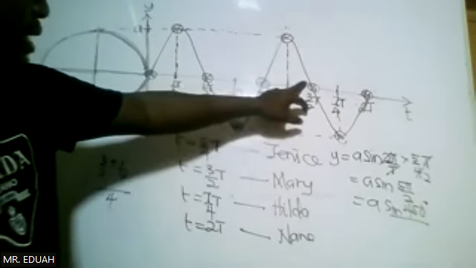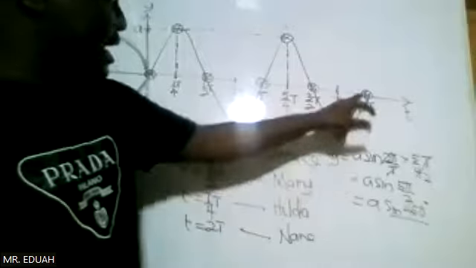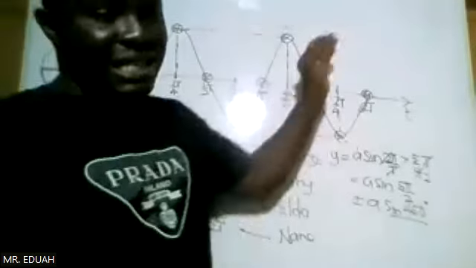Then after one cycle, the same thing repeats. At the time the displacement is 0 again, this is it, 0 again. If you continue, that is how it will be. So whatever you get after one cycle repeats.